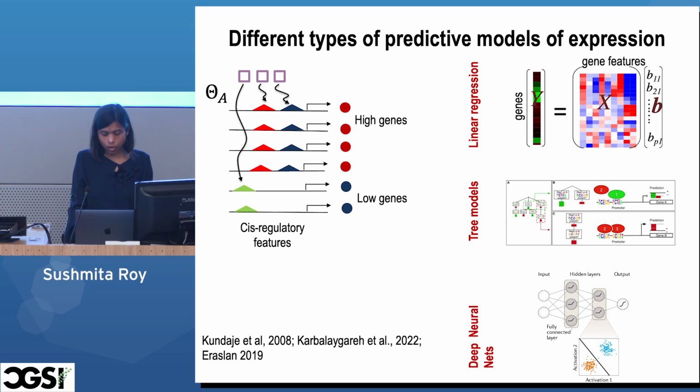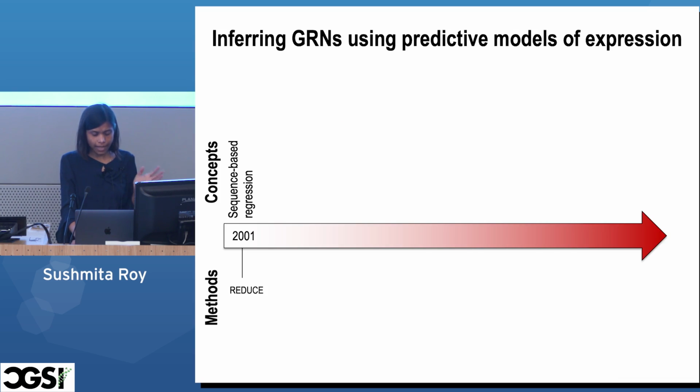Then there were tree-based models from Anshul Kundaje's group, where they try to capture more non-linearities. And then more recently, people are using deep learning-based methods to try to connect regulatory features to gene expression levels or gene expression states.